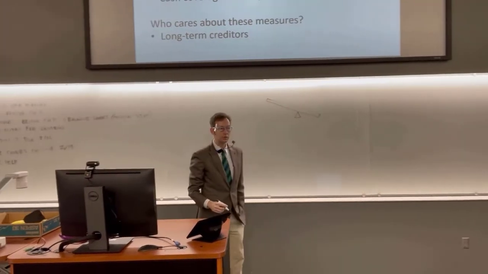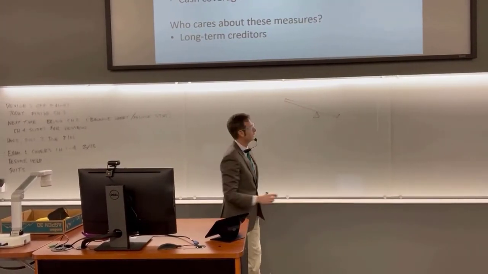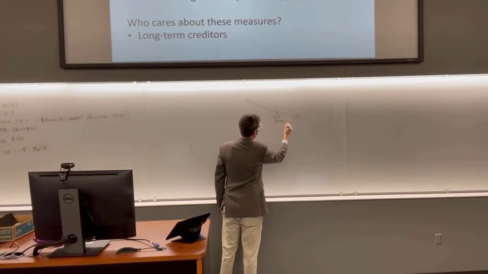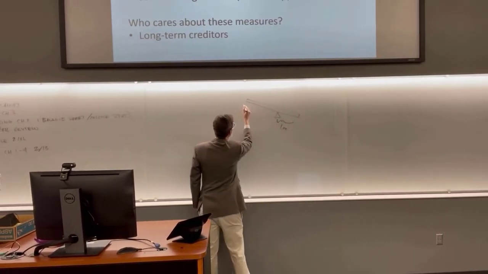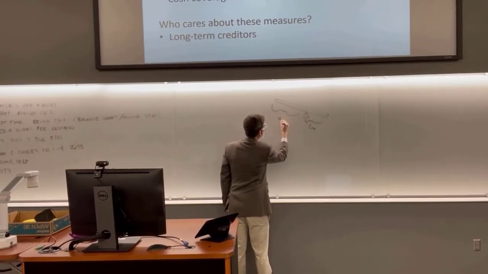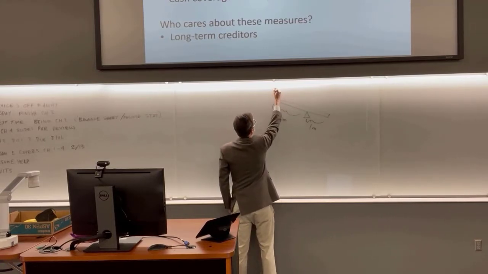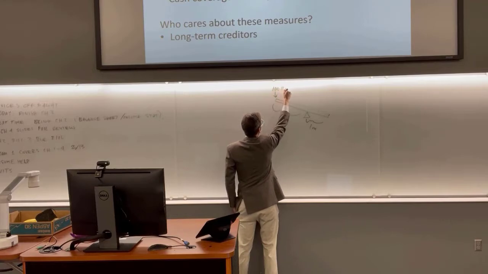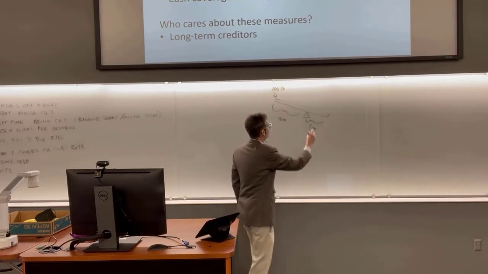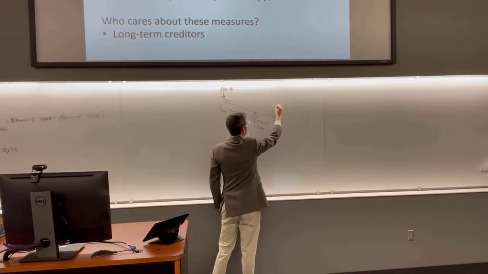This is my crudely drawn picture of a lever. From here to here is 1 meter, and from here to here is 3 meters. If I push down here with 100 pounds of force, how much force comes up on this end?